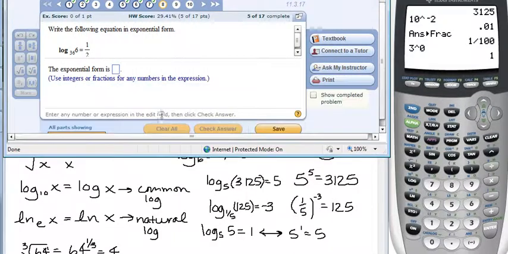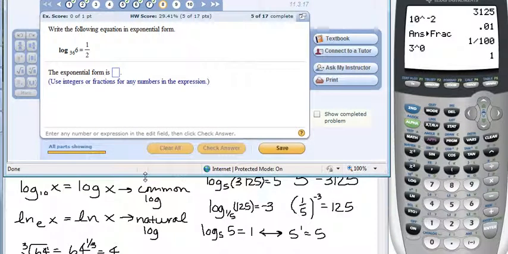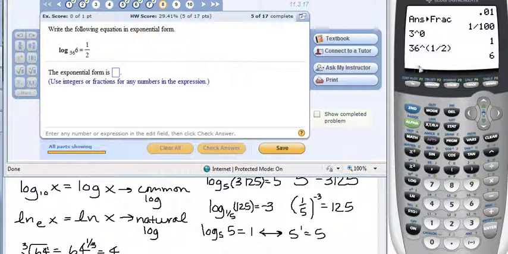And let's see what we got going on here. 36 to the 1/2 power is 6, right? Now what is the 1/2 power? That's the square root. If I was to turn that into a radical, we know the square root of 36 is 6. We also know 36 raised to the 1/2 power is 6.